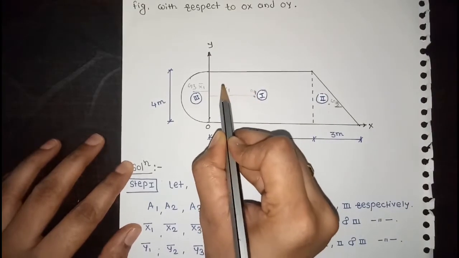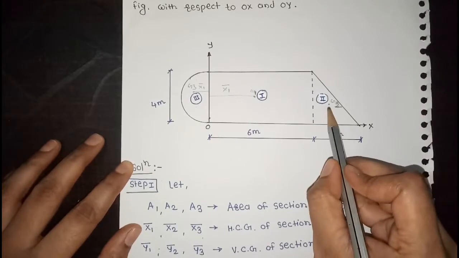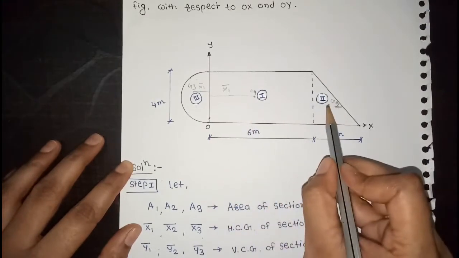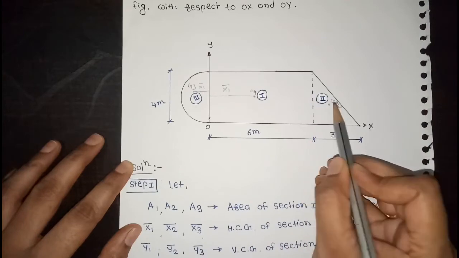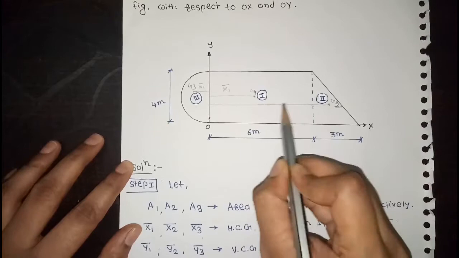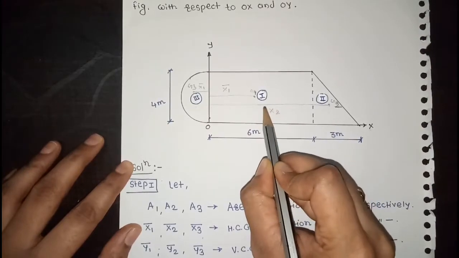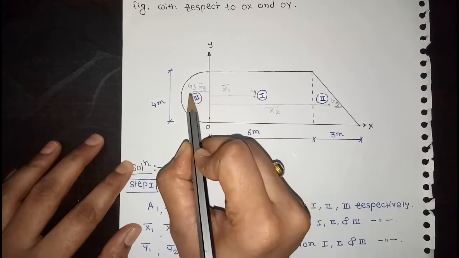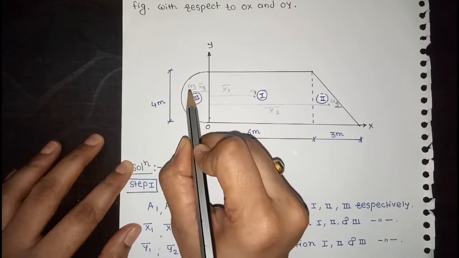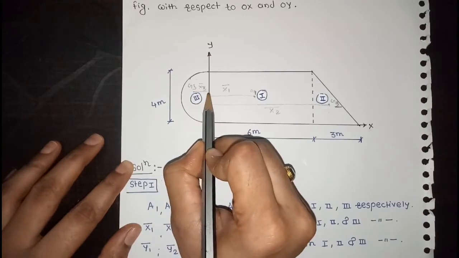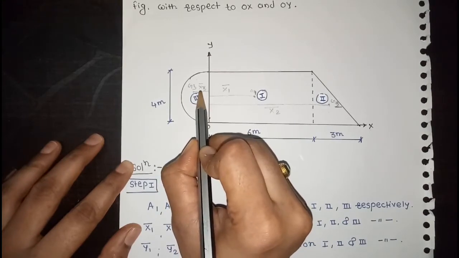X2 bar means distance between point G2 to base of y-axis, and X3 bar means distance between point G3 to base of y-axis.